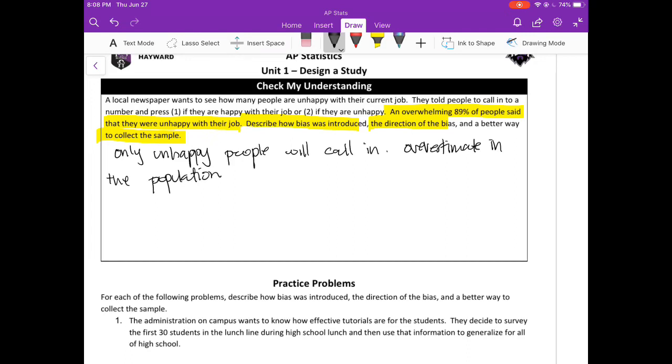And a better way to collect the sample is to get a list of subscribers and do a systematic sample.